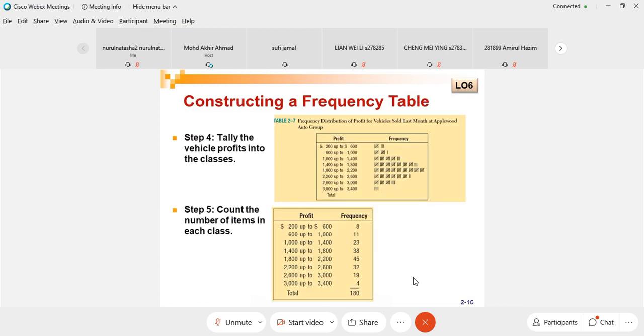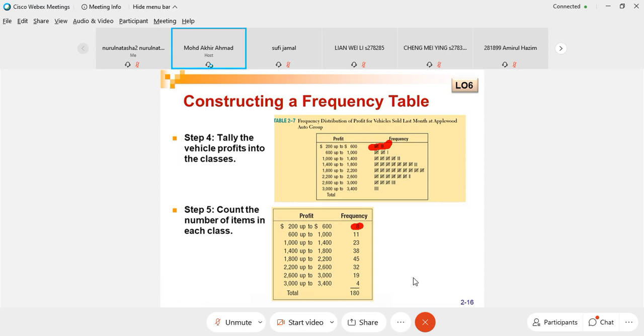dekat slide ni kita ada 8. Okay. How they get 8? Boleh ya? Boleh, sir. Okey, terima kasih Nur Sufi Najwa. So, the next classes 600 to 1000 kita ada 11. 1000 to 1400 kita ada 23 and so on.